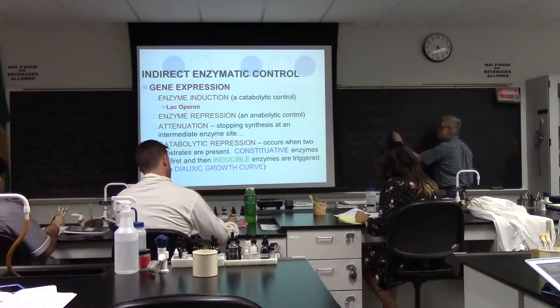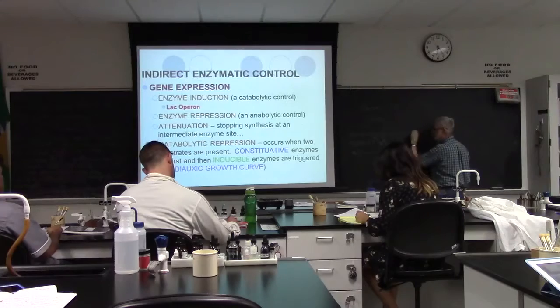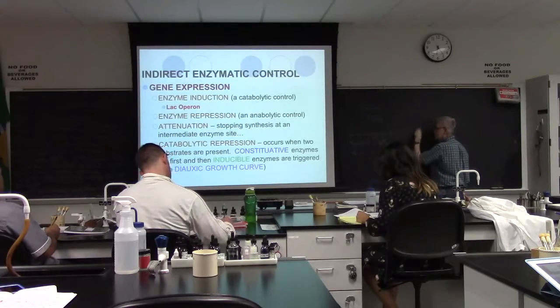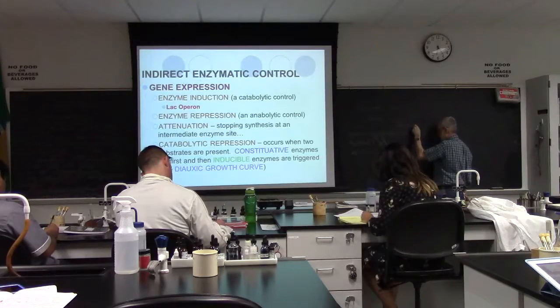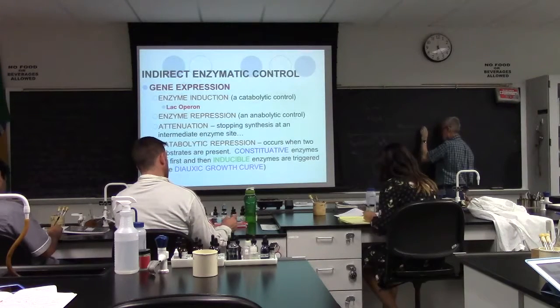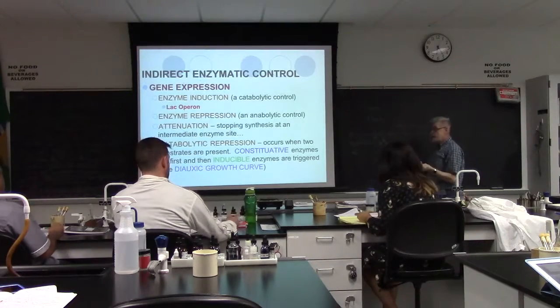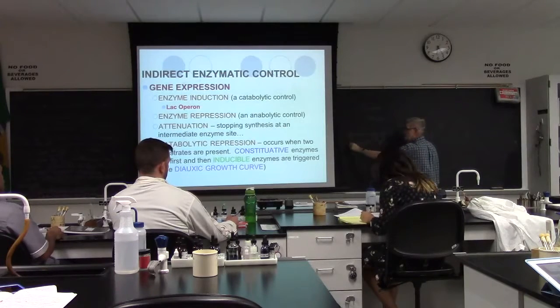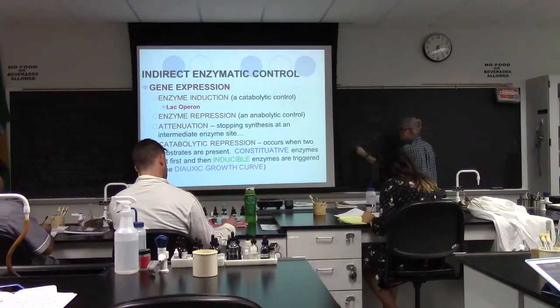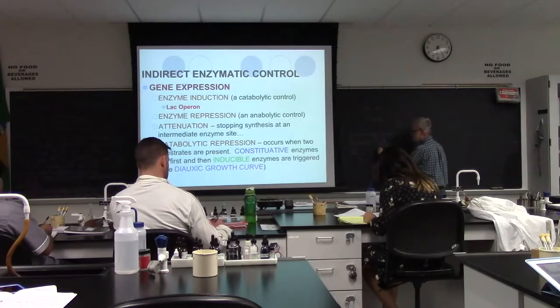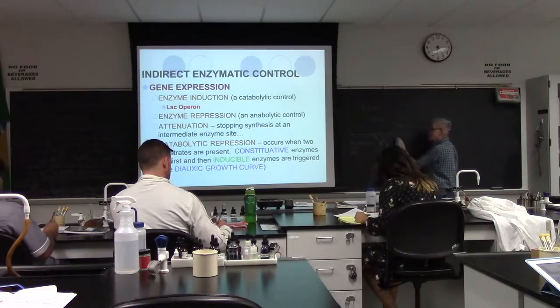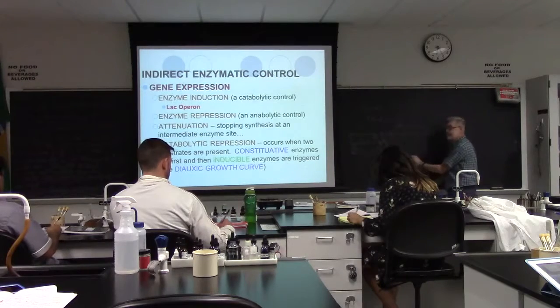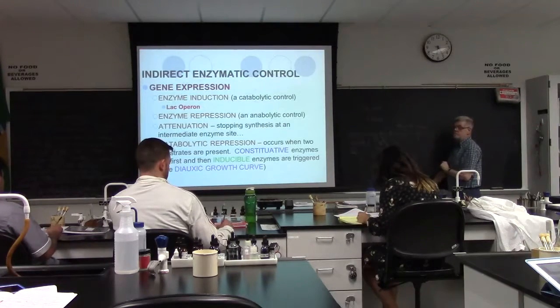And finally, the important part of the gene, the one that actually does the work, are the structural genes. So, the operon's genes are regulator gene, promoter gene, and operator gene, followed by the ones that actually make the enzyme, the structural genes.